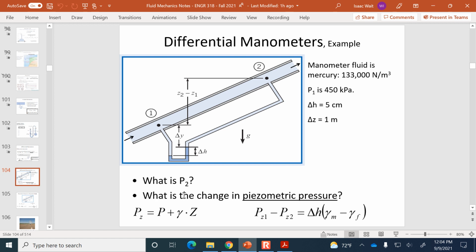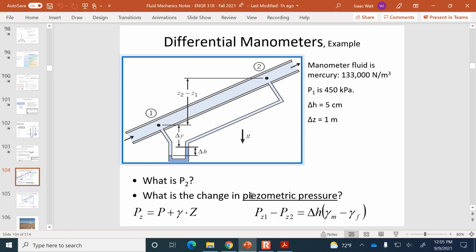Last part. What is the change in piezometric pressure? Okay, so P sub z, so delta P sub z, according to this formula, P sub z1 minus P sub z2 is 0.05 meters. So that's the deflection of the mercury component there.